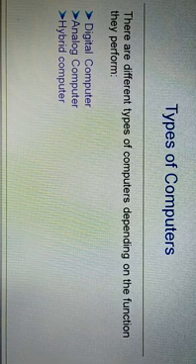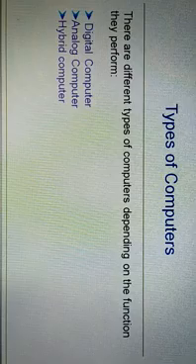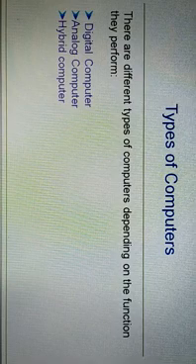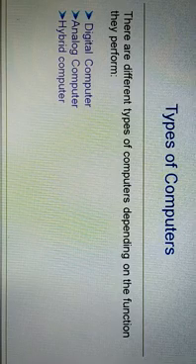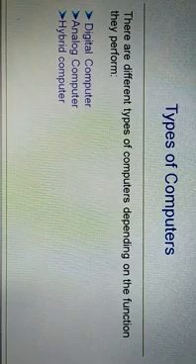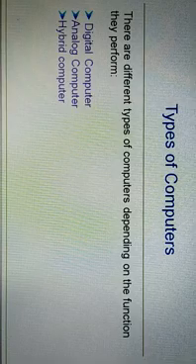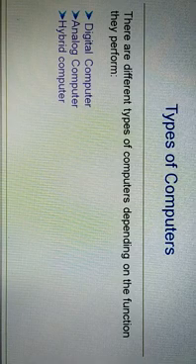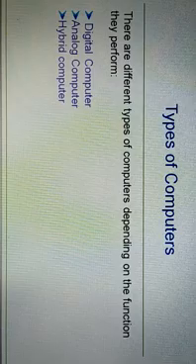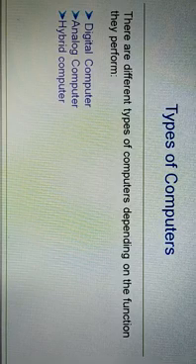Then the next one is the analog computer. These are computers that work on continuous data measured along a continuous scale. That means they measure physical quantities such as pressure, temperature, length, etc., and convert them to numeric values.